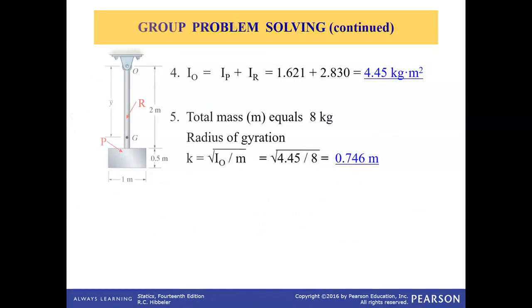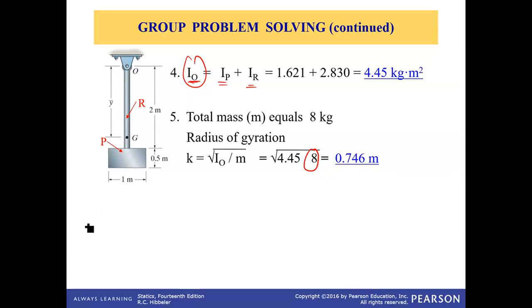Then the radius of gyration is calculated using this equation. First we calculate the overall moment of inertia of the shape about O, which is I_P plus I_rod. Then we calculate the radius of gyration as the square root of this I_O divided by the total mass, which is plate plus rod. And that's 0.746 meters.